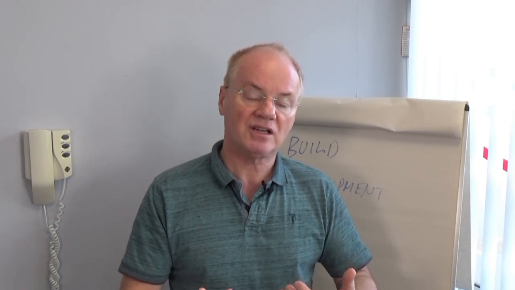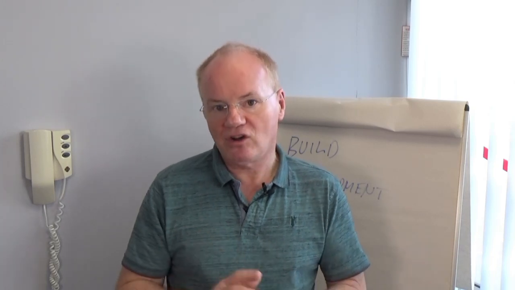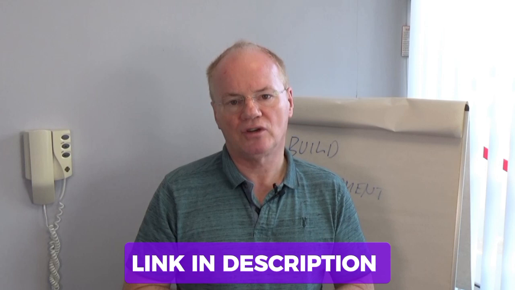In addition to that, when you first started looking at the site, there will be a whole bunch of things that you will have identified that either will or will not have cost implications. And we do have a plot checklist for you to check that information out. I'll put a link in the description below for that, so that you can have a look and see all the different cost implications.